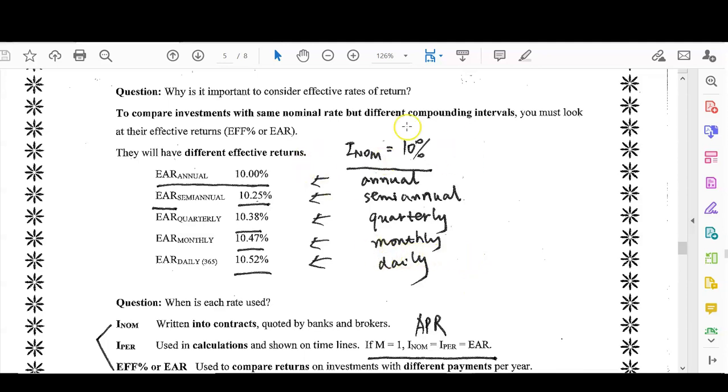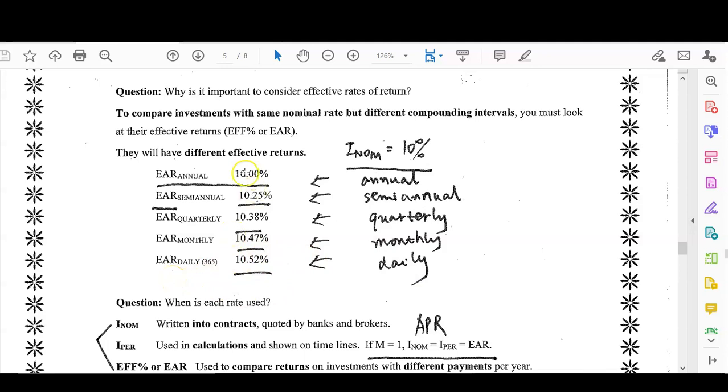One way is to convert all these conditions into the effective annual rate, EAR, using our formula or calculator. The effective annual rate is 10% for the annual case, 10.25% for semi-annual, 10.38% for quarterly, 10.47% for monthly, and 10.52% for daily. So probably the daily frequency is the best, as it gives you the highest EAR.